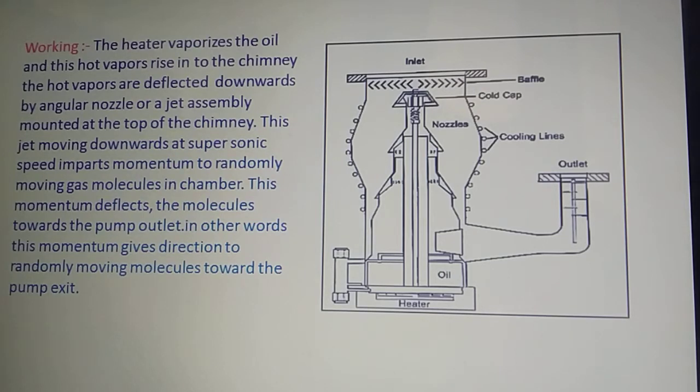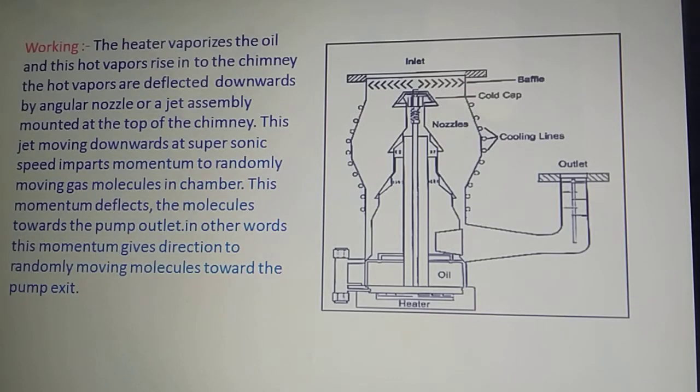The heater vaporizes the oil, and these hot vapors rise into the chimney. The hot vapors are deflected downwards by a nozzle or a jet assembly mounted at the top of the chimney. This jet moves downwards at supersonic speed, which imparts momentum to randomly moving gas molecules in the chamber.